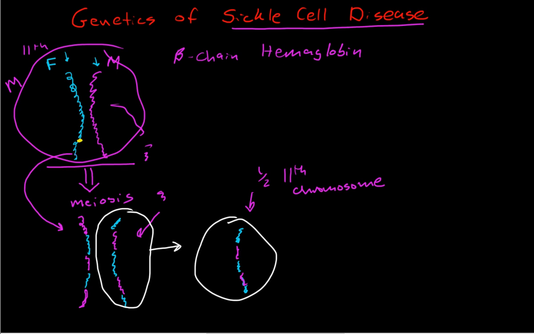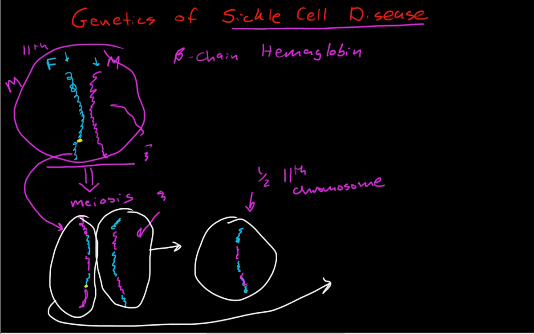And we'll say that that mutated gene got passed along in this little piece of the DNA in the ovum. So an ovum that contains this piece of the DNA could be passed along to the child.